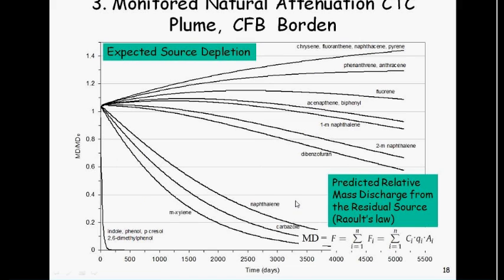Well, naphthalene is down here. Yes, Raoult's law says that we should expect a continuous decline in the mass flux coming out of the source, the mass discharge. Yes, but that can contribute. So the comment was, well, still wouldn't the mass be increasing?